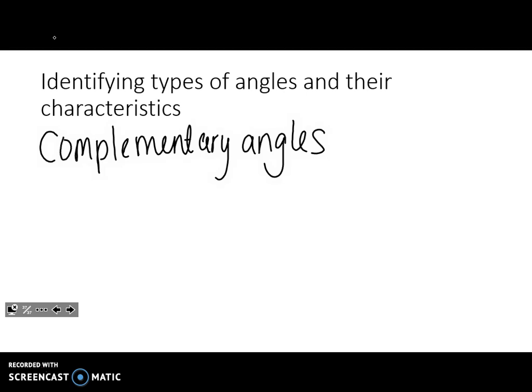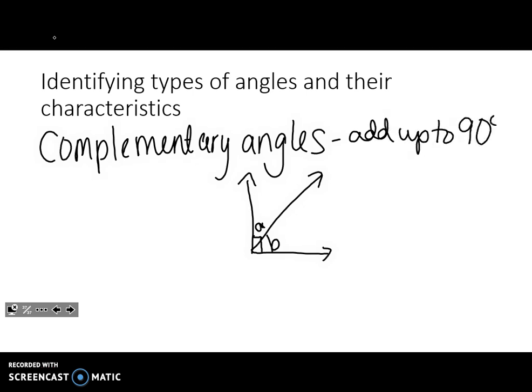Complementary angles are angles, so if I said angle A and angle B, they are complementary angles if they add up to 90 degrees. So notice that there's a 90-degree box right here, and then there's angle A and angle B. So angle A and angle B are complementary because together they equal that angle box of 90 degrees.